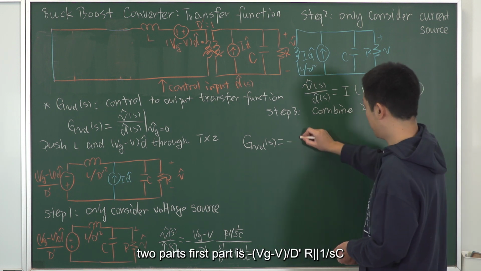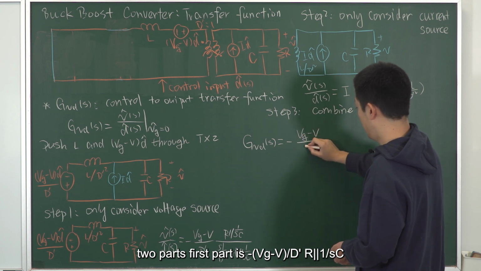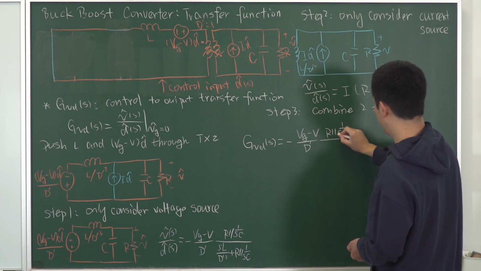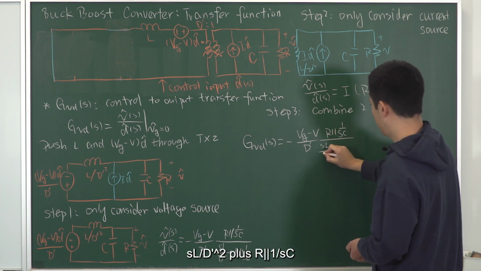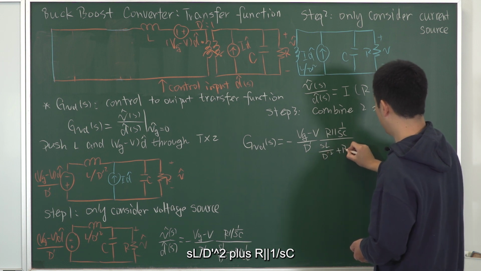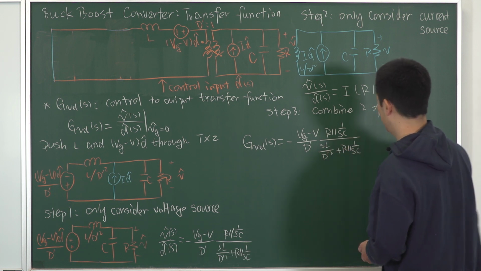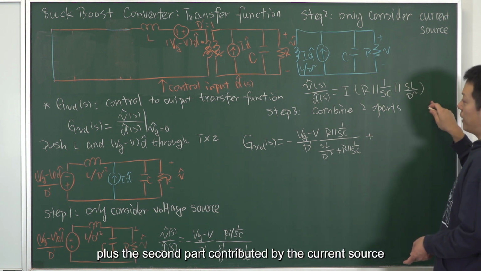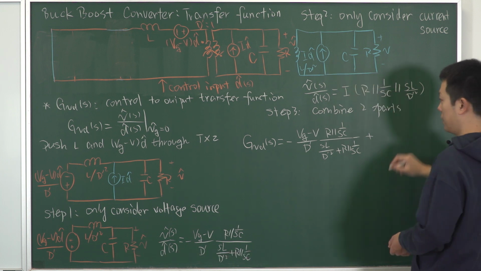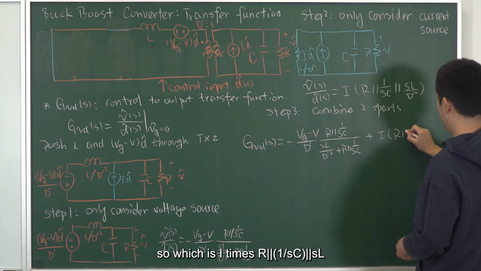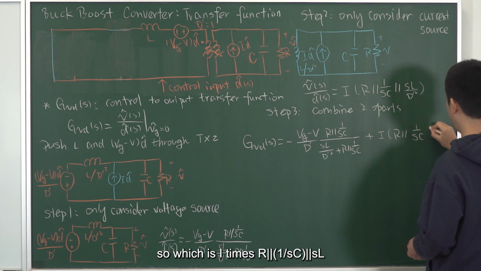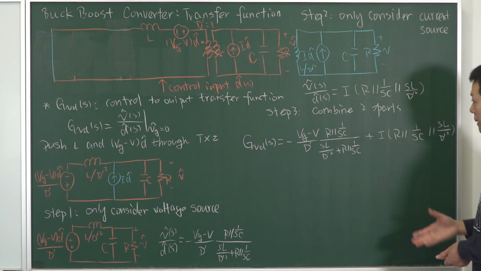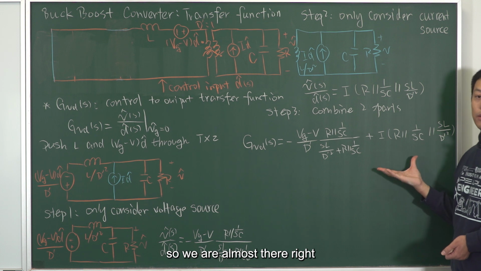First part is minus V over D prime, R parallel with C, over SL over D prime square plus R parallel with C, plus the second part contributed by the current source, which is I times R parallel with C parallel with L. So we are almost there, right?